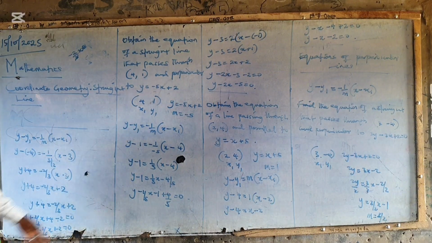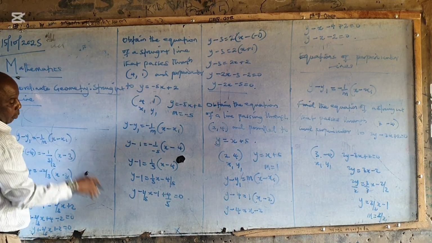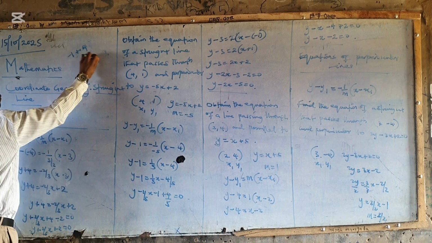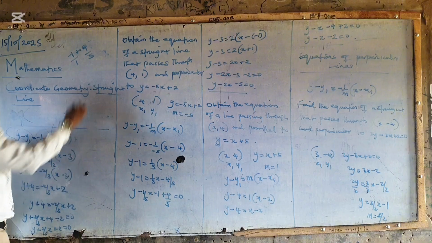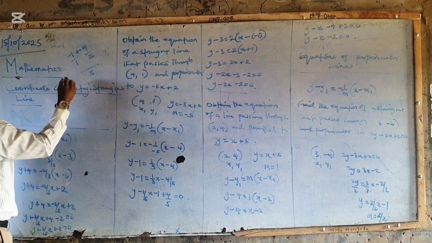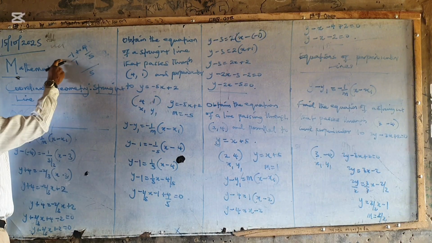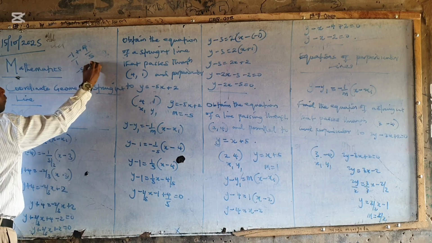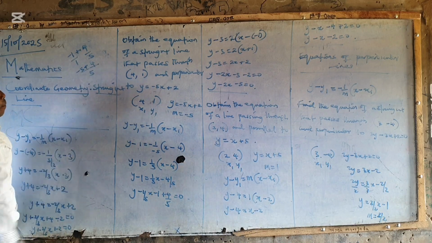And then you solve minus 1 plus 4 all over 5. Minus 1 means minus 1 over 1. The LCM of 1 and 5 is 5. 1 goes here, 5 by minus 1, minus 5. 5 goes here, 1 by 4, 4. Minus 5 plus 4 gives you minus 1.